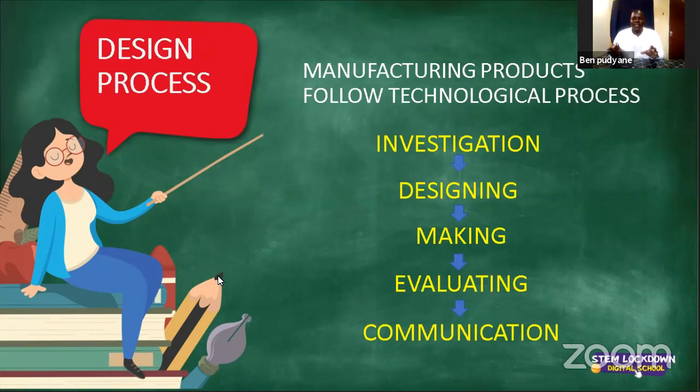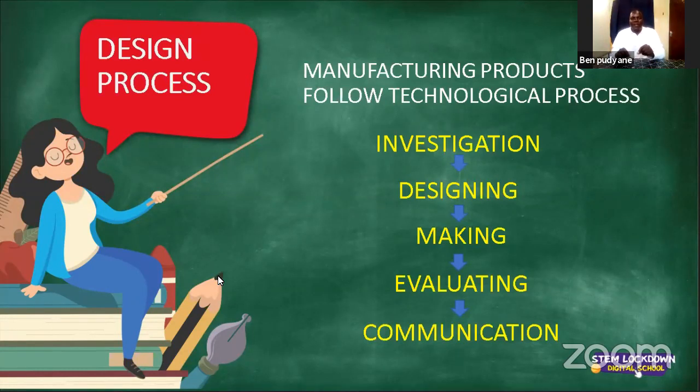They investigate the people who are going to use it. It must be suitable for them. It must be user-friendly. They must know what type of product must be made. So they don't just start making any product. They do research. So we call it investigation.